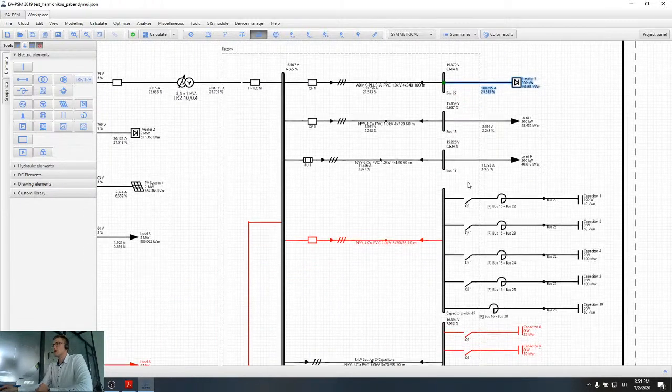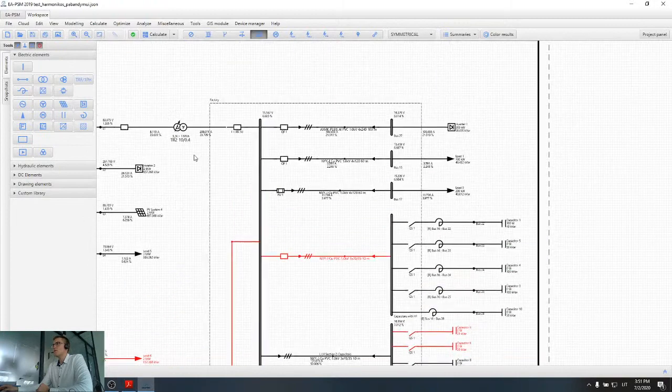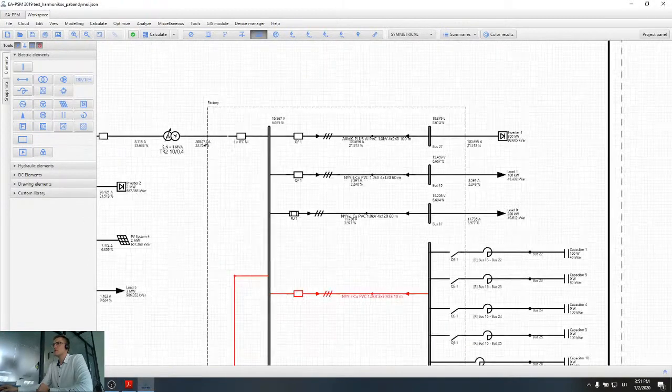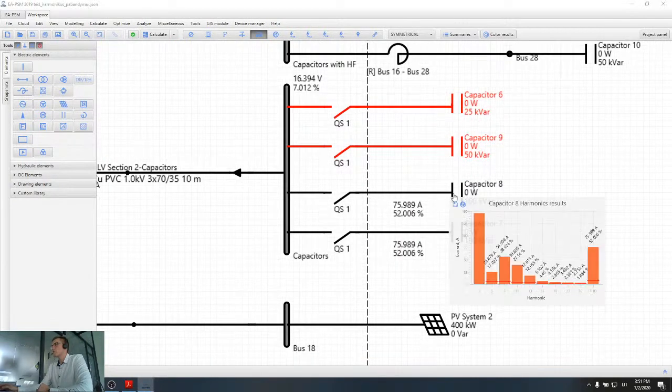So basically we can see that when we connect capacitors to the network, this is not good because harmonics increase significantly. Also our capacitors, I can move my mouse cursor on the capacitors as well, are highly loaded with the harmonics. I can see that more than 50% of current is basically nonlinear, so basically it's harmonics, and only half of that is normal frequency, which is not good.